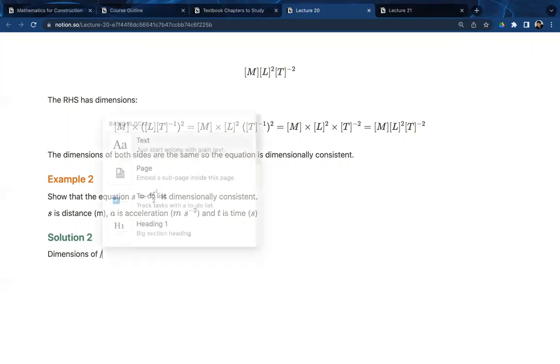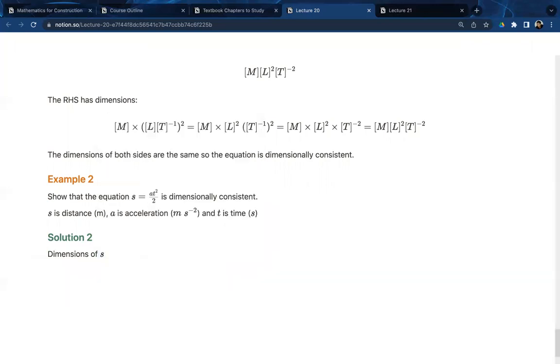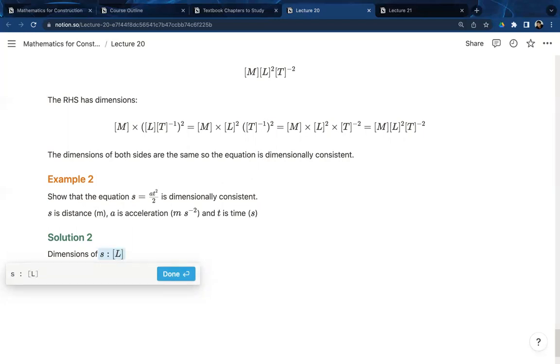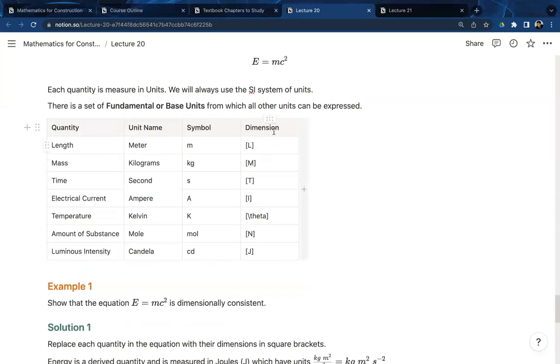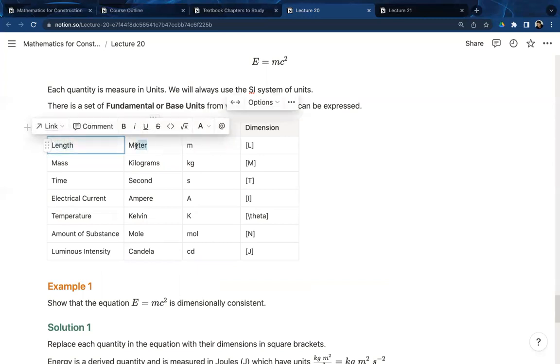of S would be L, okay? That's the dimension of S, because we saw here in the table, the dimension for length, anything measured in meters, right?